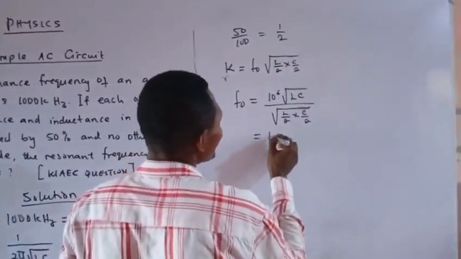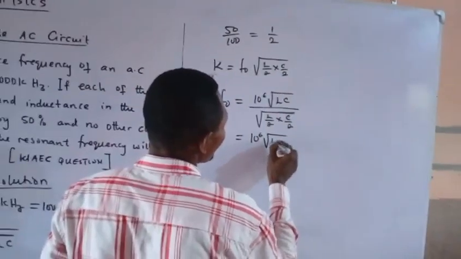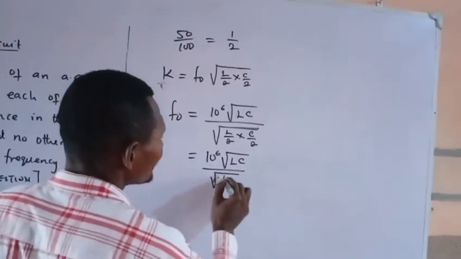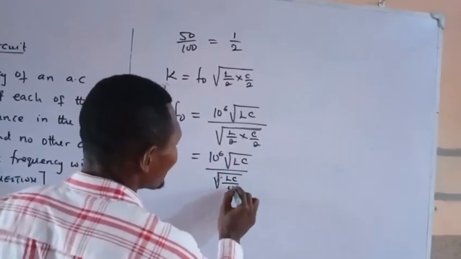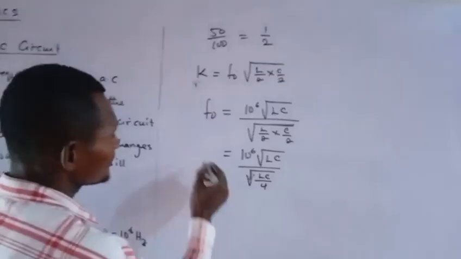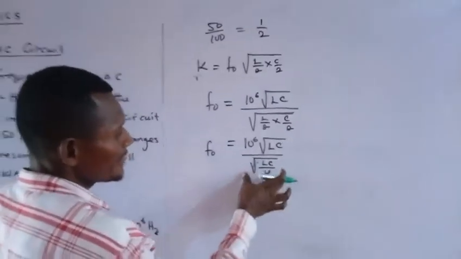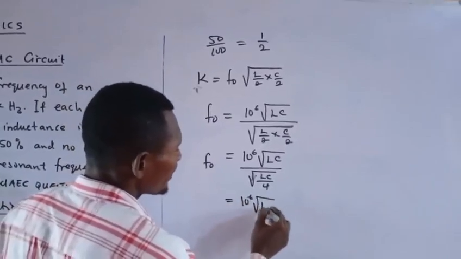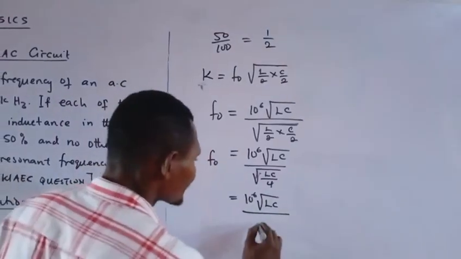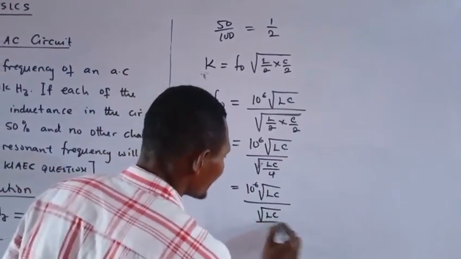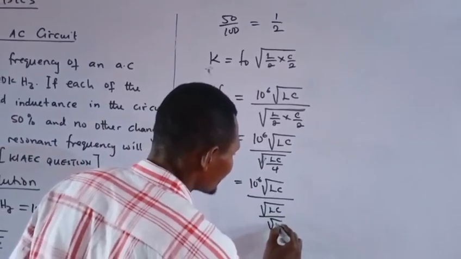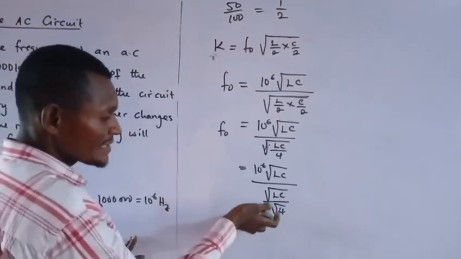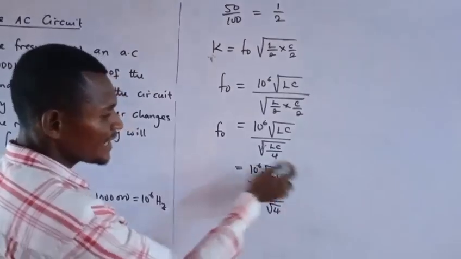This is equal to 10 raised to the power 6, the square root of LC over the square root of LC over 4. Mathematically, this can be written as 10 raised to the power 6, the square root of LC over the square root of LC over the square root of 4. Now, in the real sense, this root 4 can multiply the numerator.